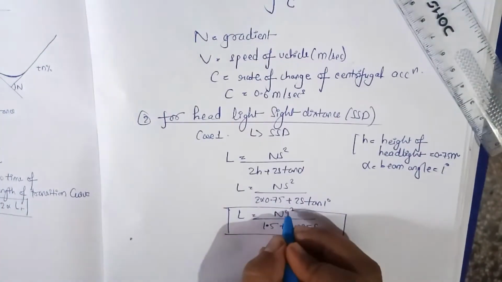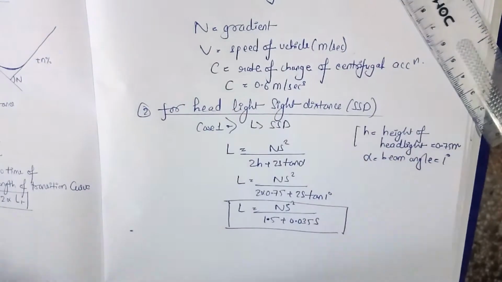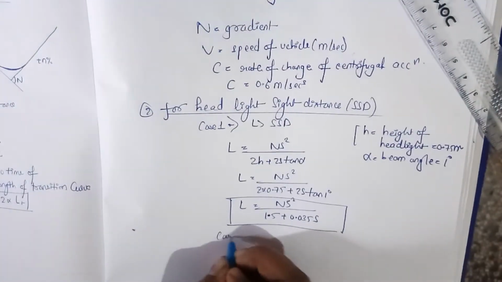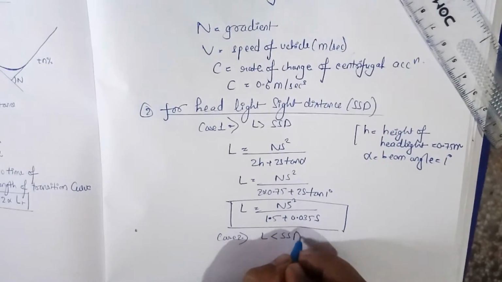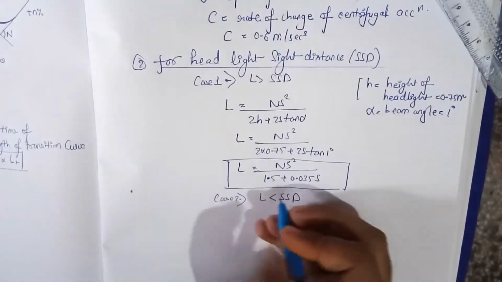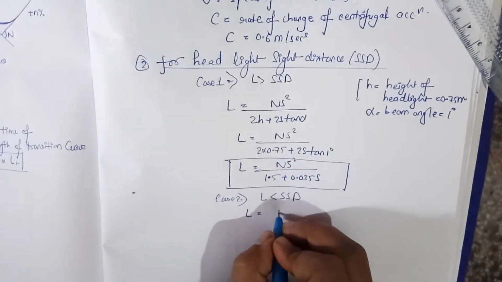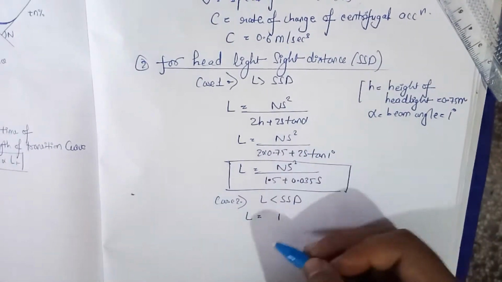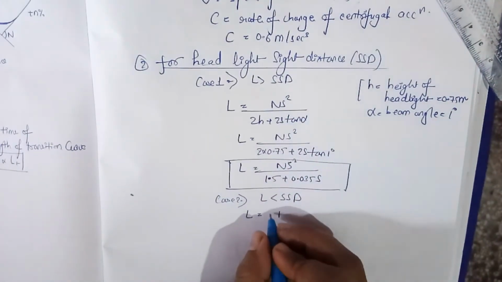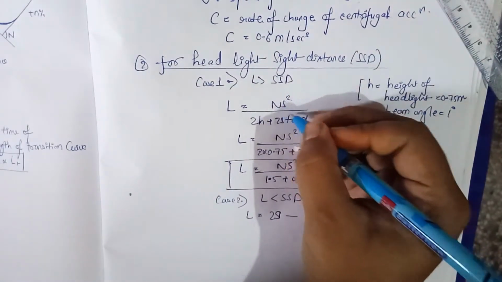Next we will see the second case for the headlight sight distance, when the length is less than the SSD. In this case, the formula for the length of a valley curve will be equal to 2S minus 2H plus 2S tan alpha by N. I have told you that you don't have to memorize the formula again, you just take 2S minus and invert the remaining term.